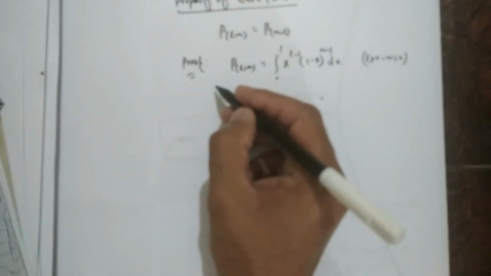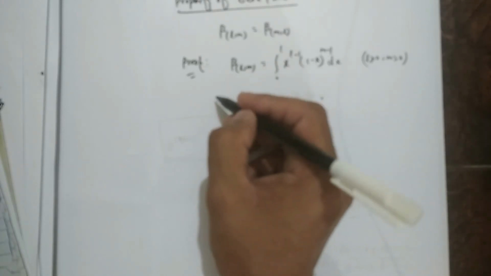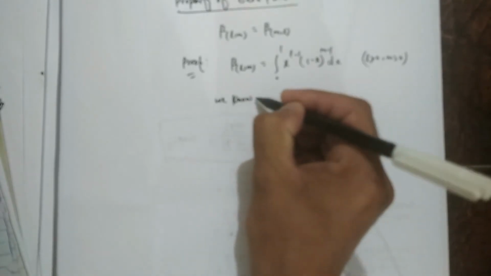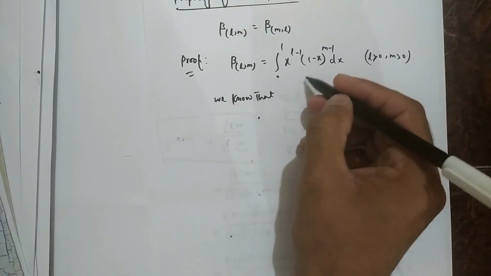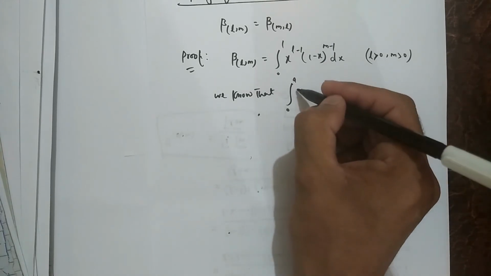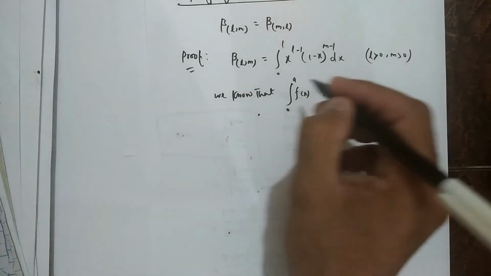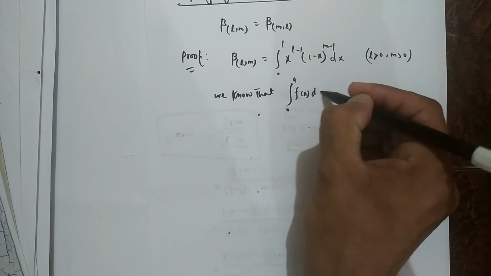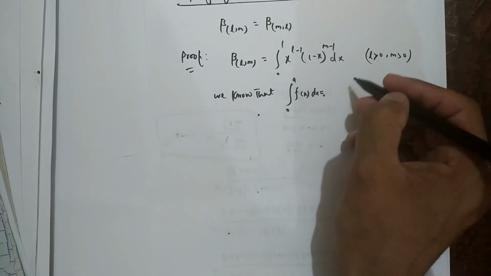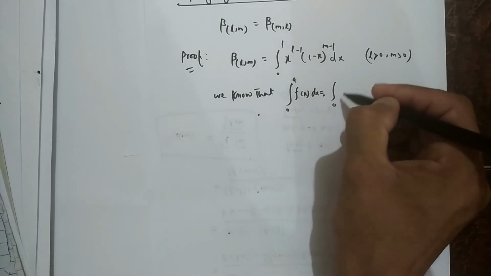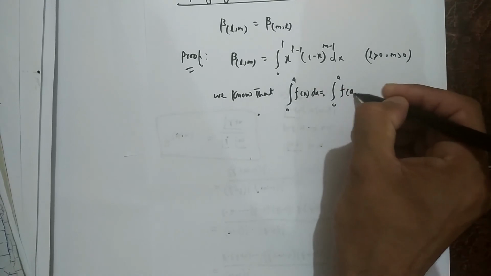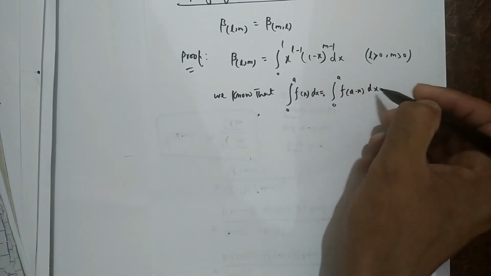Also we know the property of definite integrals: the integral from 0 to a of some function f of x dx can be written as the integral from 0 to a of f of a minus x dx.